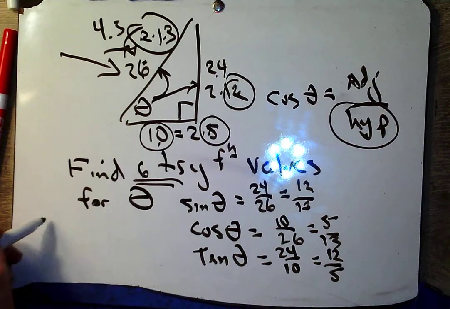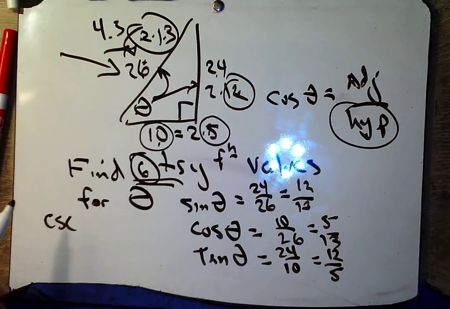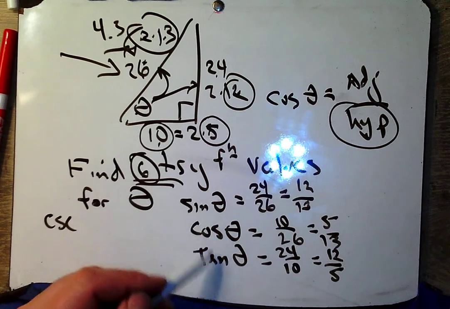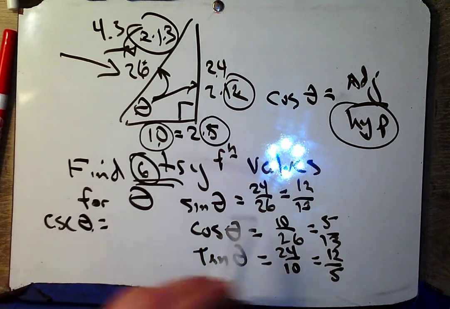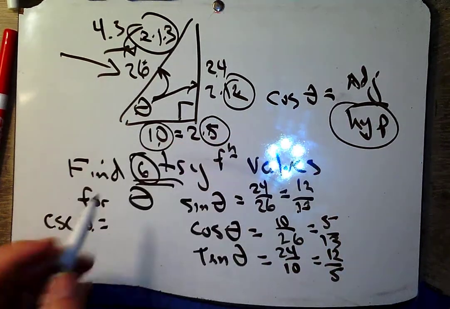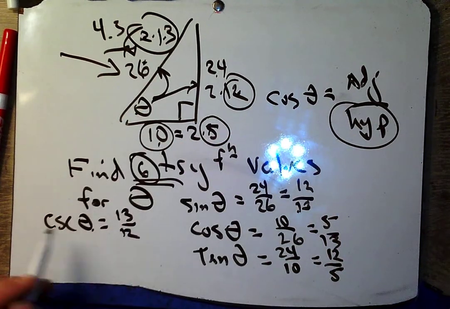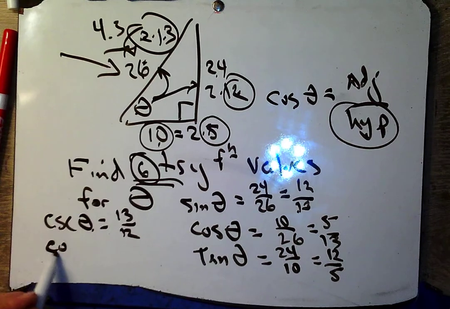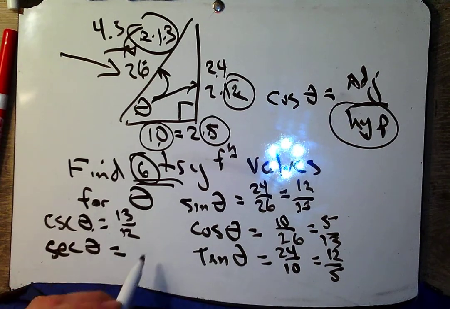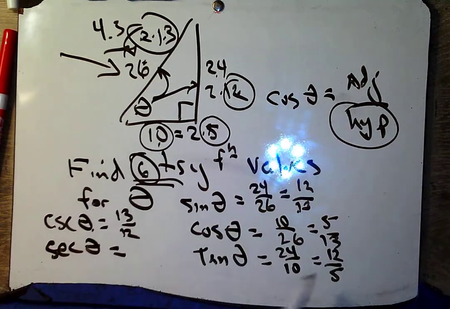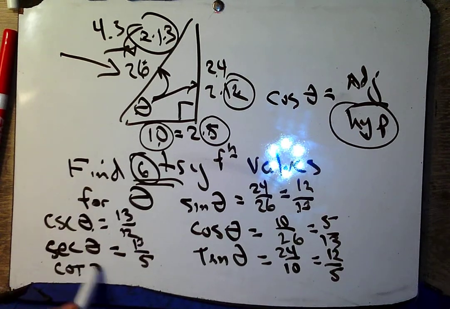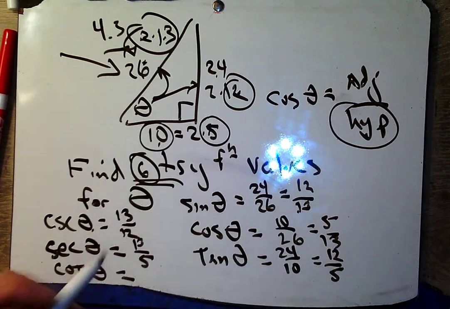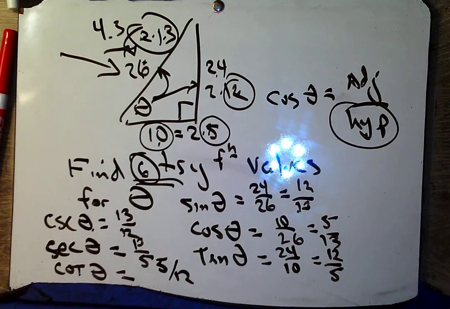And of course, we need cosecant, because they asked for all 6. Sometimes they only ask for these 3, but often they ask for all 6. And so cosecant is just going to be sine flipped, 13 over 12. Secant is going to be flipped, so 13 over 5. And cotangent is going to be flipped, 5 over 12. So that's what they're asking us to do here.